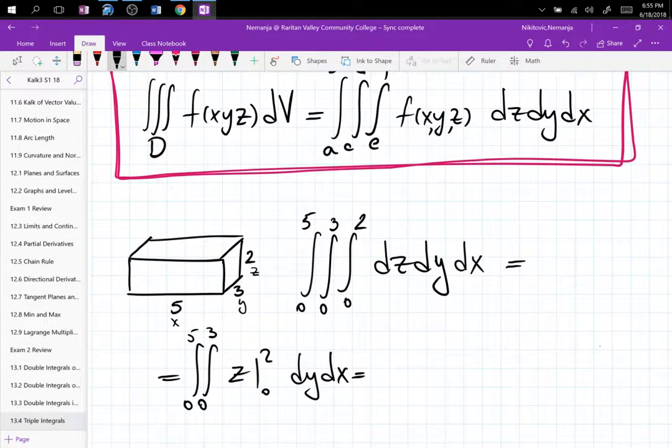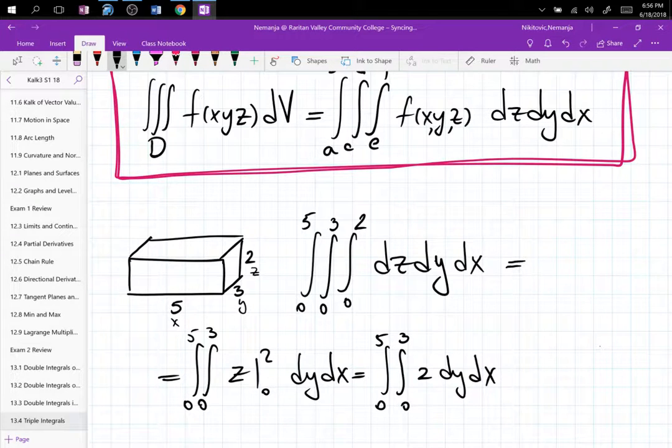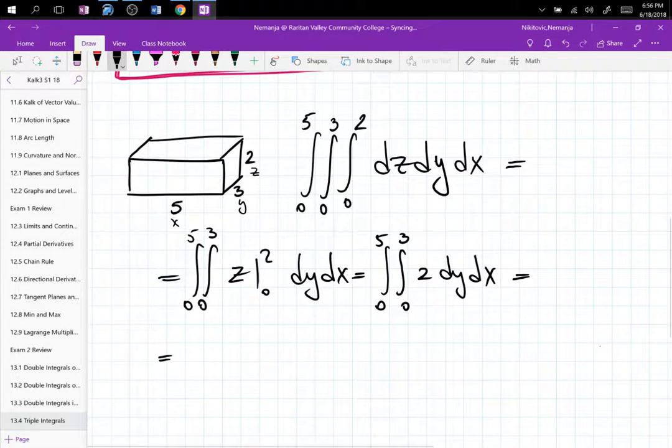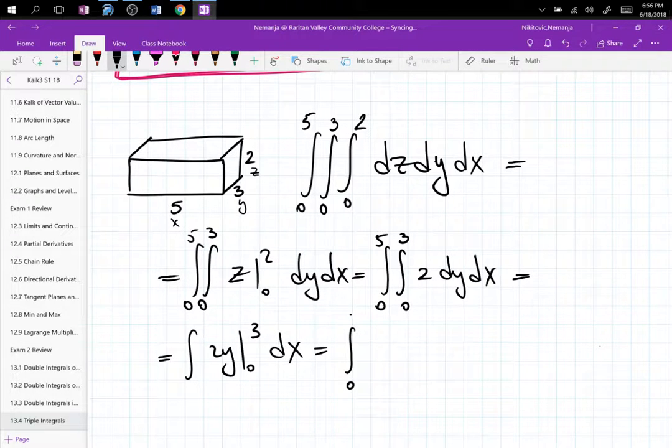Then that gives us the double integral of 2 dy dx, with y from 0 to 3 and x from 0 to 5. Then the integral of 2 in terms of y gives us 2y from 0 to 3, which is the integral from 0 to 5 of 6 dx.